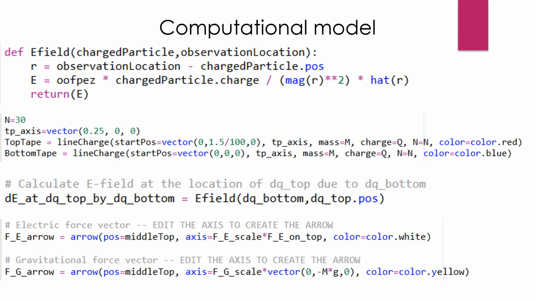Then I used 30 small charges to model each tape, and the length was 0.25 instead of 0.2. That's the tape axis line. And then the dE at dq top by dq bottom is simply the electric field caused by dq bottom at the position of dq top. And finally, the arrows are built as shown on the screen.